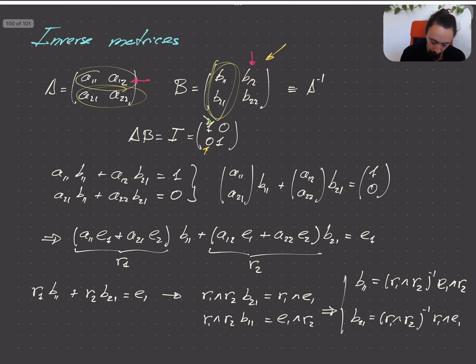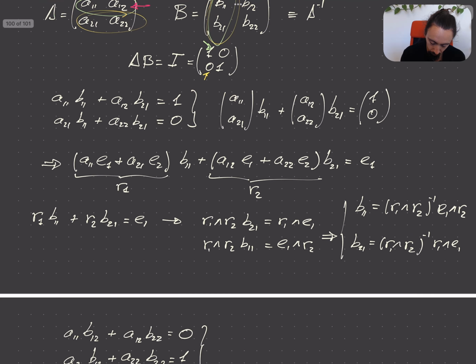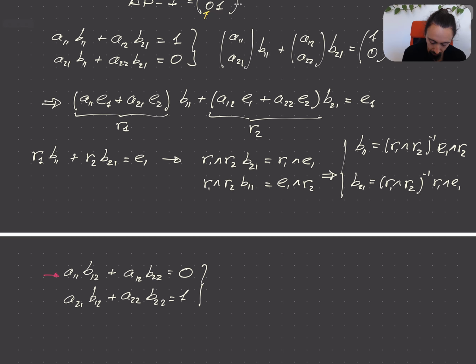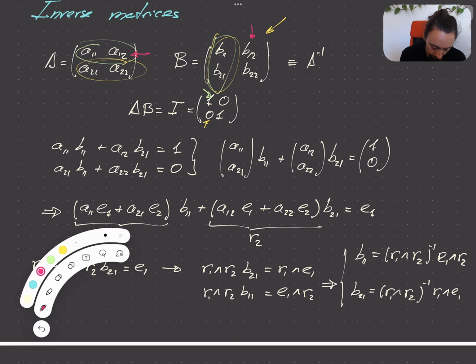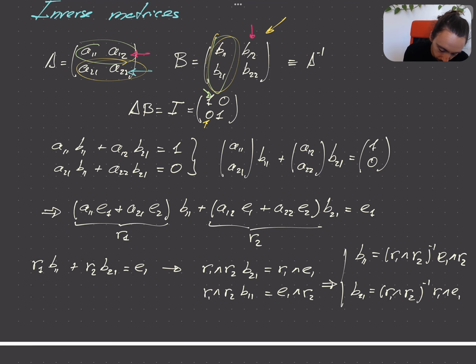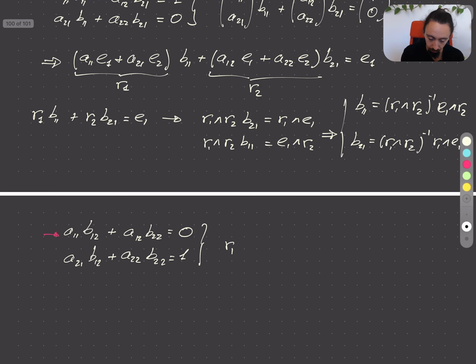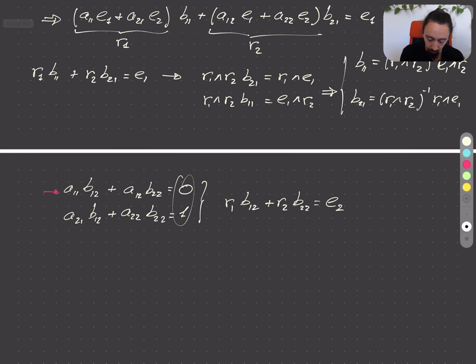This equation is the one marked in red, and then I did this multiplication times this multiplication again. I'm going to erase this to avoid confusion. And obtaining this system of equations, which we can write as before as R1, as defined up here, B12 plus R2 B22 equals E2 in this case. This is what we have in here.